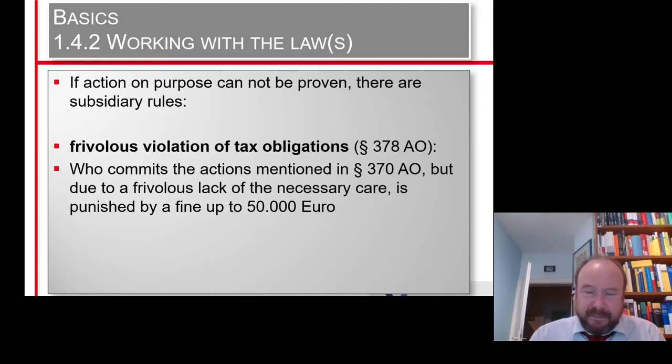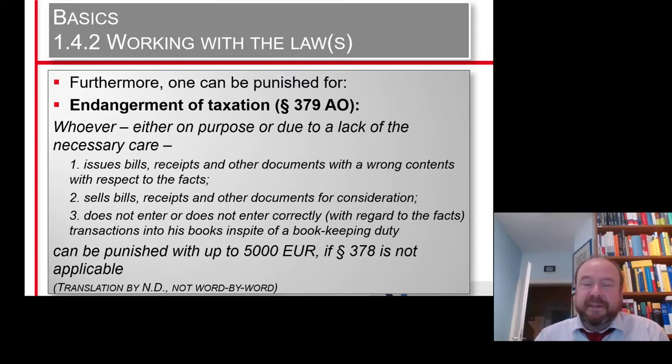There's sort of everything, and for every person they can do something, to say it ironically. Even for people who help others, or by falsifying documents or issuing documents with the wrong contents, there is something. So if somebody gives you a bill, an invoice or so, with the wrong contents, which can then be used for the fiscal administration to deceive them, then already that can be punished with up to 5,000 euro.